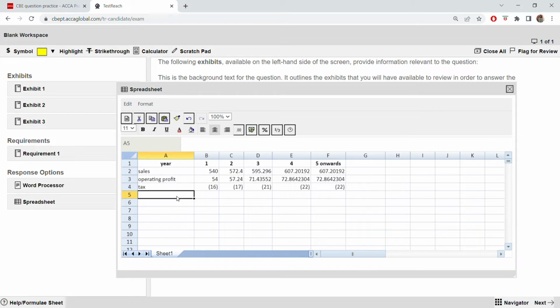We have depreciation. Which needs to be added or deducted? Added, because we want to convert the profit to cash flow. What is the depreciation?